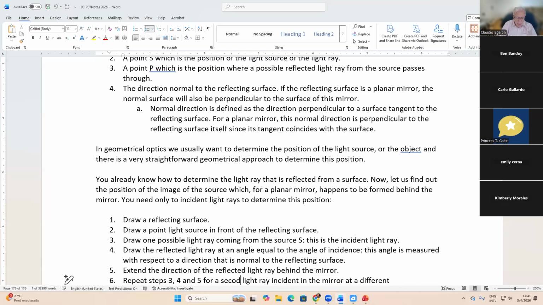For a second light ray incident on the mirror at a different angle. 3, 4, and 5.